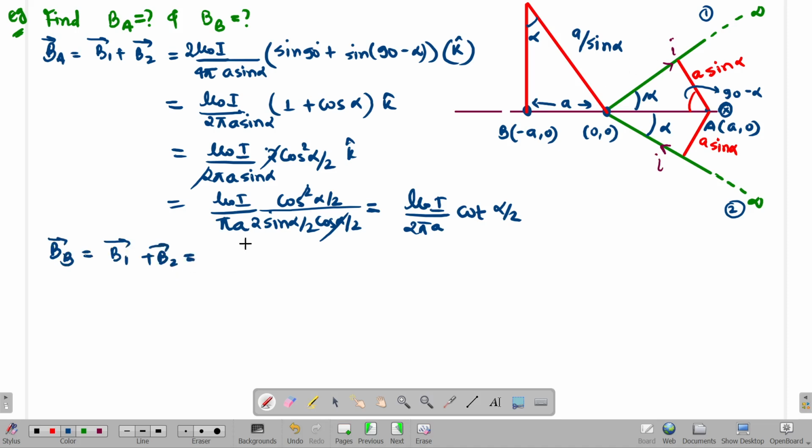So due to 1, it will be mu naught I by 4 pi A by sine alpha. So sine alpha goes in the numerator, isn't it? Then one angle will be 0, another angle will be 90, or not. So sine 0 plus sine 90.